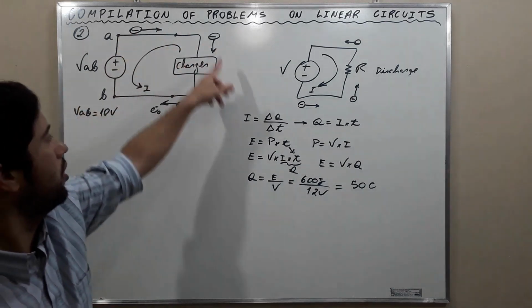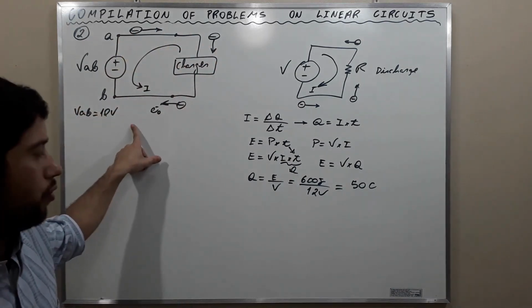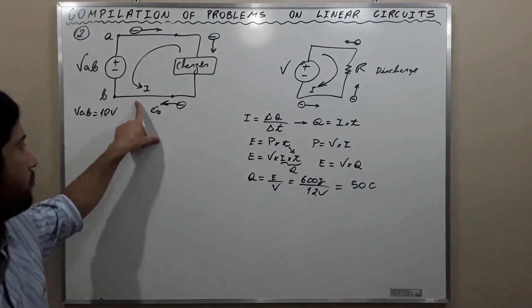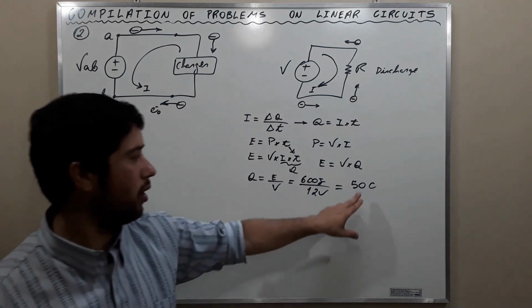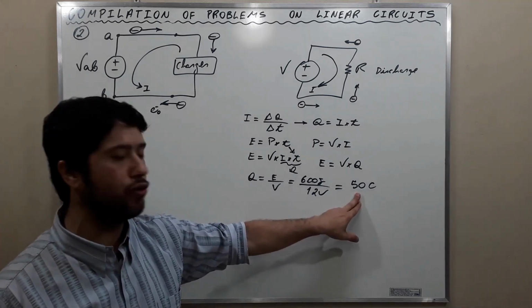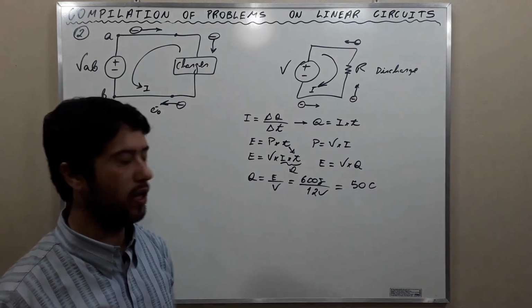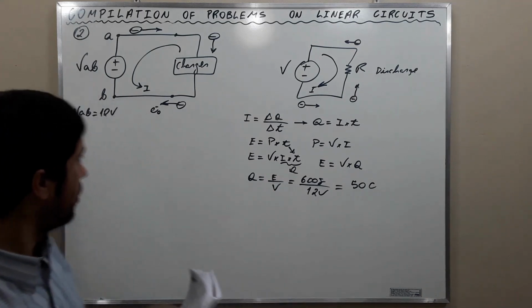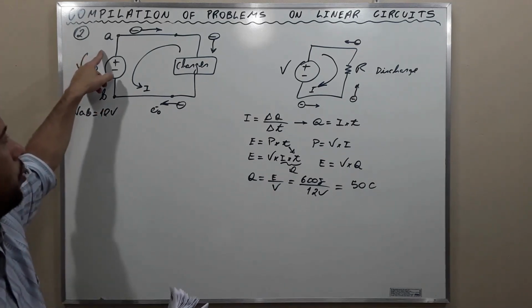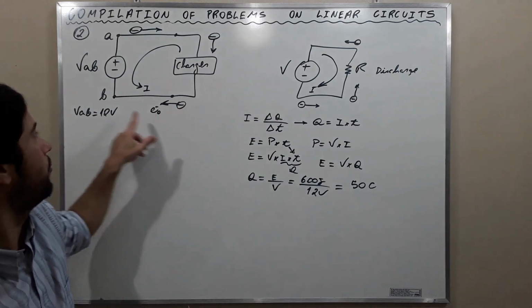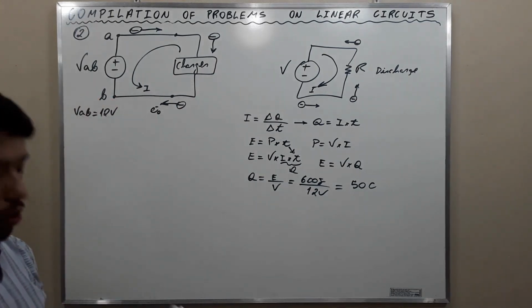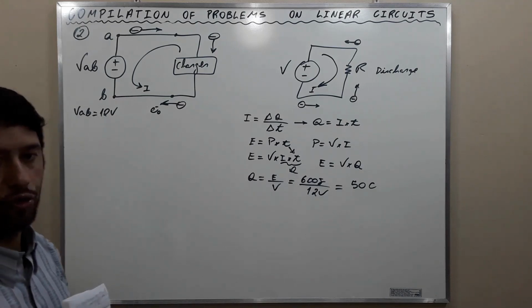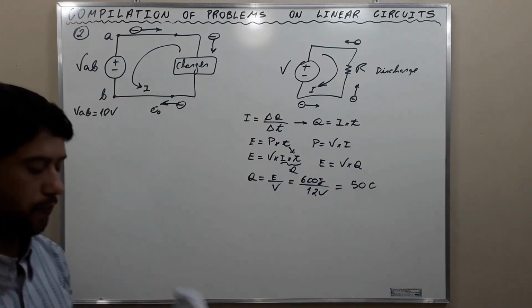So electrons must move through the metal, through the conductor, copper or aluminum, and we are talking about an amount of charge equal to 50 coulombs. When this happens, when 50 coulombs flow from terminal A to terminal B, we have successfully stored 600 joules of energy in the battery.